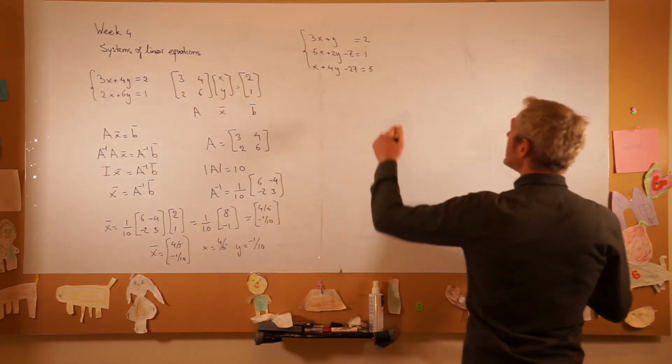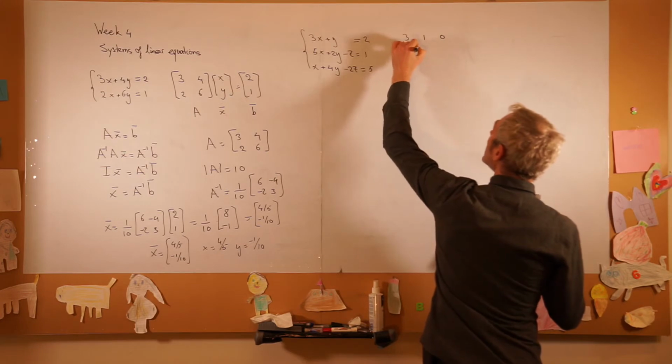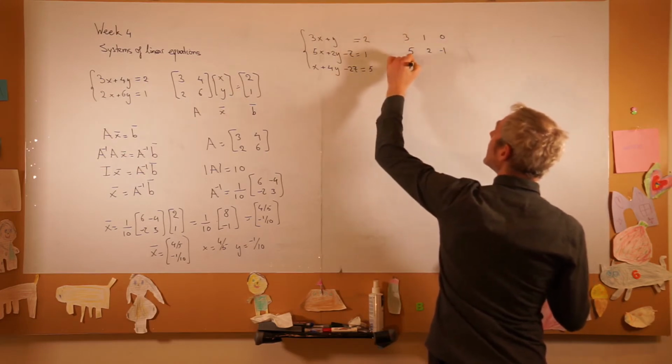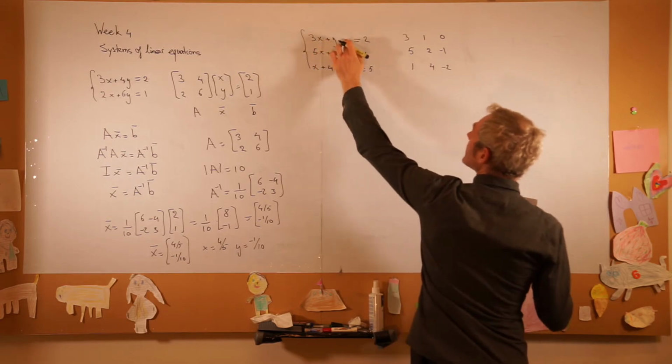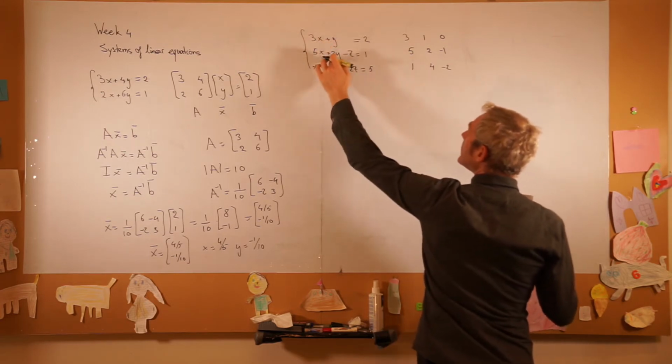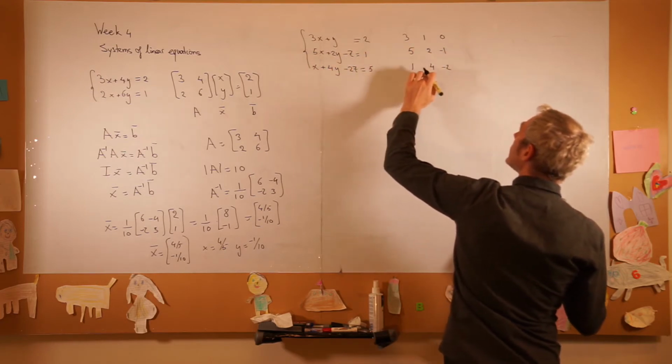Now we can rewrite this as [3, 1, 0; 5, 2, -1; 1, 4, -2]. So these are the coefficients. So there's a 0 times z here.